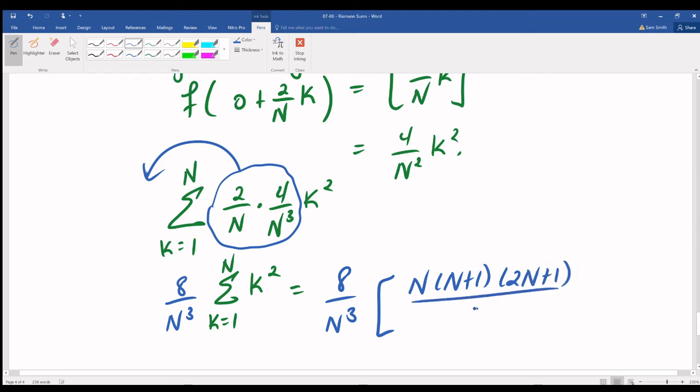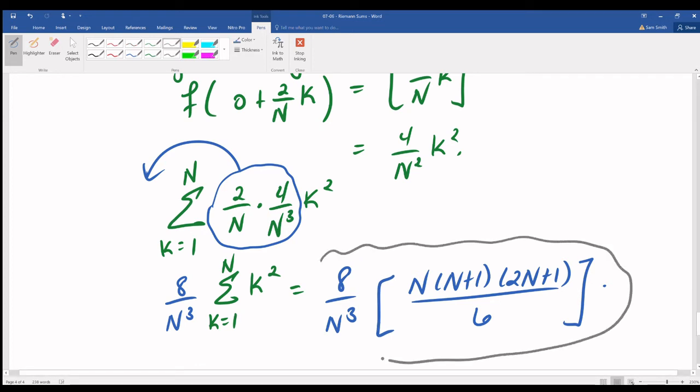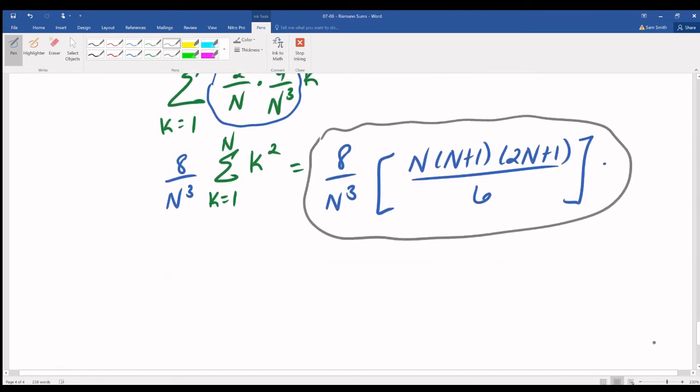So this right here is a formula that we could use to find the value of the right Riemann sum using any number of rectangles somebody wanted to use. If someone wanted to use a tiling with 100 rectangles, then we could plug n equals 100 into this formula.